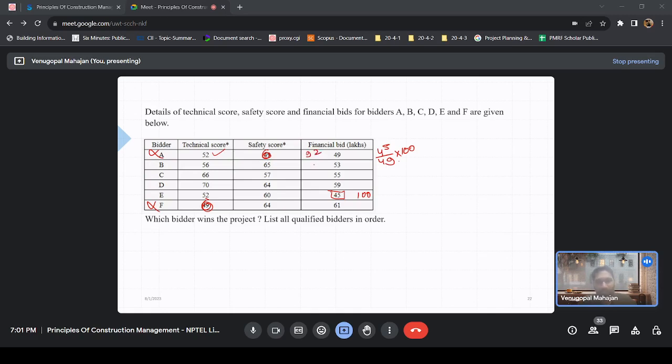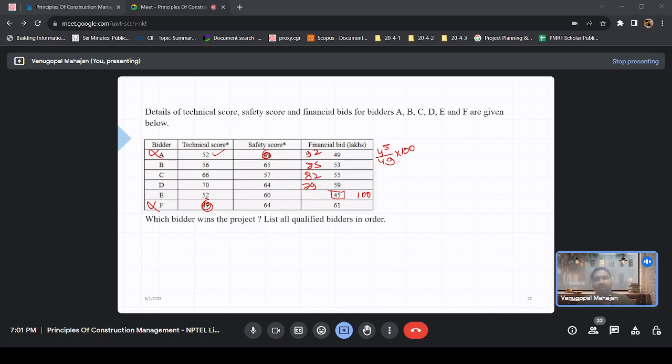Let's keep it 92. What about 53 then? 45 divided by 53 is 85. Right. 55 is 82. 59 is 76.